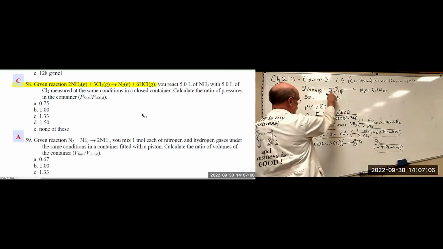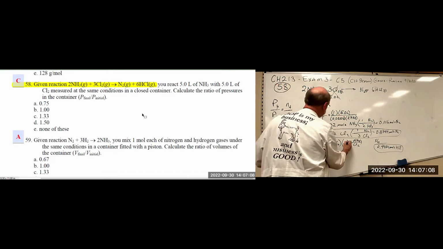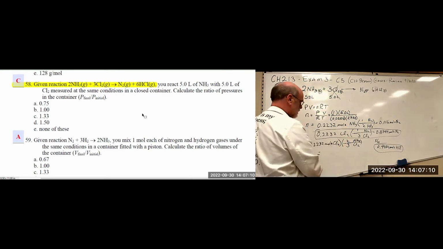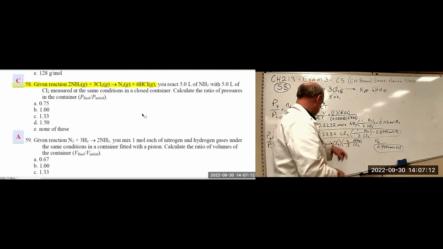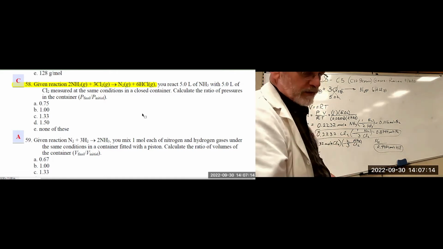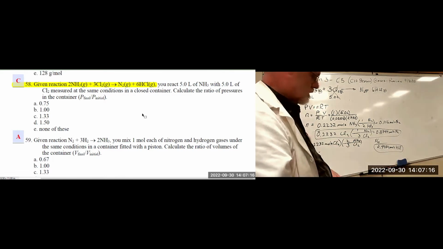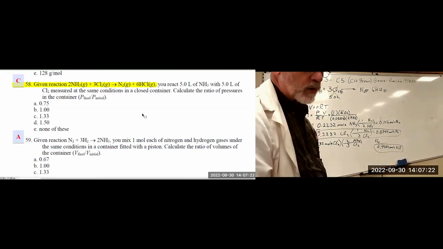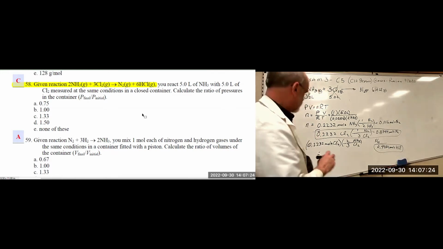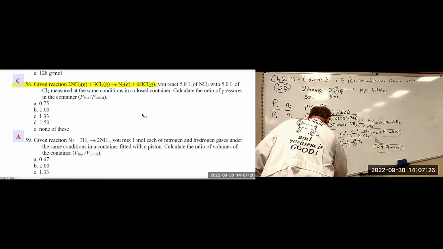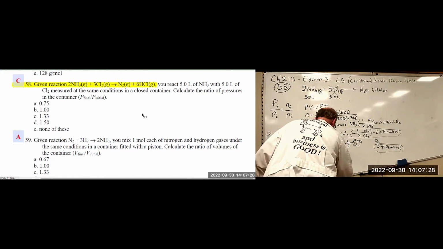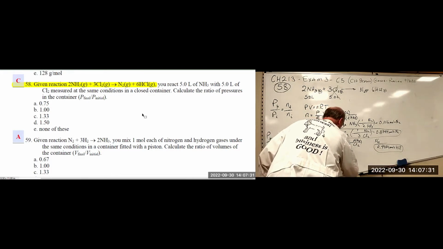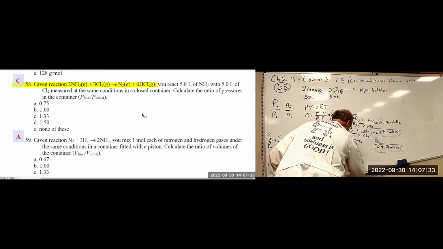And the ratio is 3 chlorines to 2 ammonias. So 0.2232 times 2 divided by 3 is 0.1488 moles of ammonia consumed.